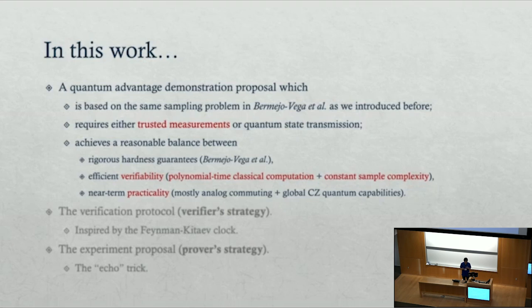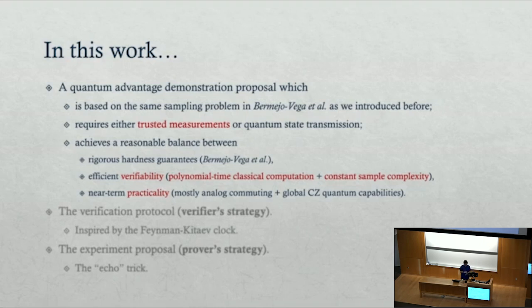The first one is rigorous hardness guarantee, which is there because we are based on the same computational assumption as the Bermejo-Vega et al. paper. And the second one is efficient verifiability, meaning that the verifier in our protocol only needs to perform polynomial time classical computation. And the prover only needs to prepare a constant number of copies of some state. So we call this constant sample complexity.